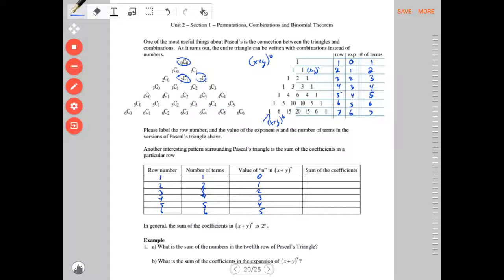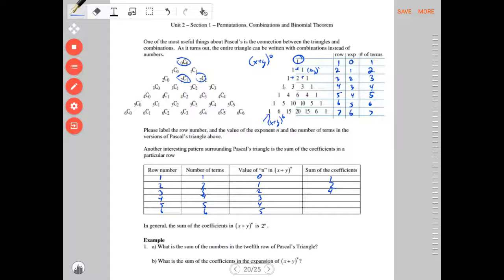Now this next column, sum of the coefficients. That's just adding all the numbers together. In the first one there's nothing to add, it's just 1. The next one, 1 plus 1 is 2. In the third row, we have 1 plus 2 plus 1, that's 4.